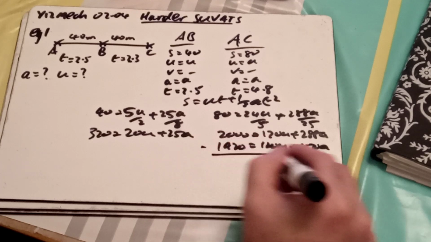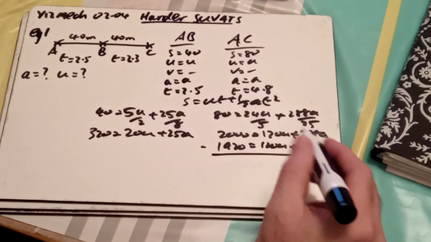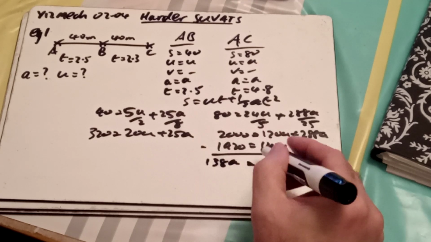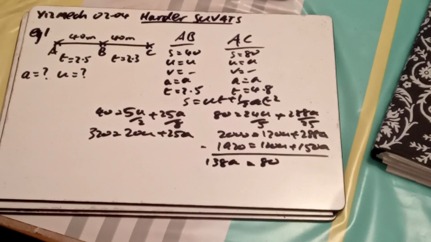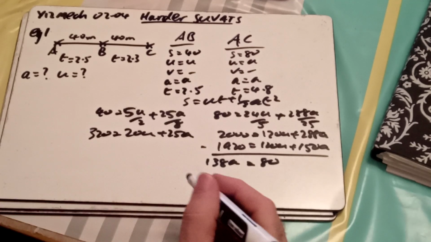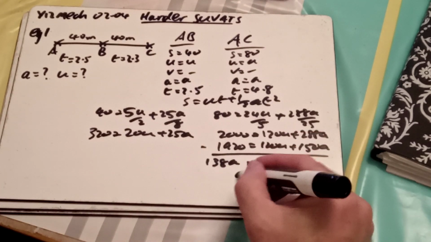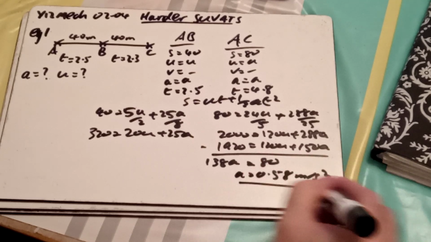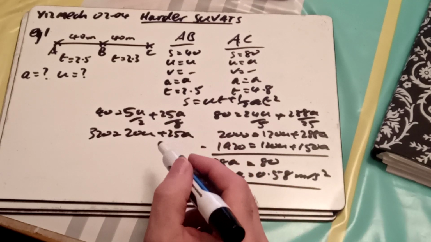And if I minus them like this, I've got 138a equals just 80. So 80 divided by 138 equals 40 over 69, 0.57, 0.58 metres per second squared. I can stick that into either of these.